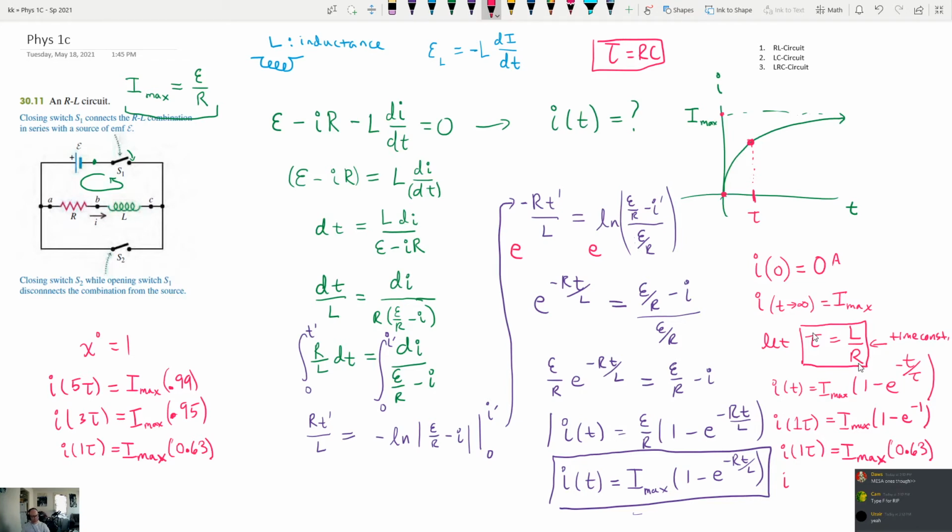So the more resistance you have, the longer it'll take for the current to reach its maximum value. No, it's the opposite, right? The bigger the resistance, the shorter that it takes. Because I know this stuff's hard to think about, but when R gets big, when you have a lot of resistance in your circuit, then tau gets really small, right?